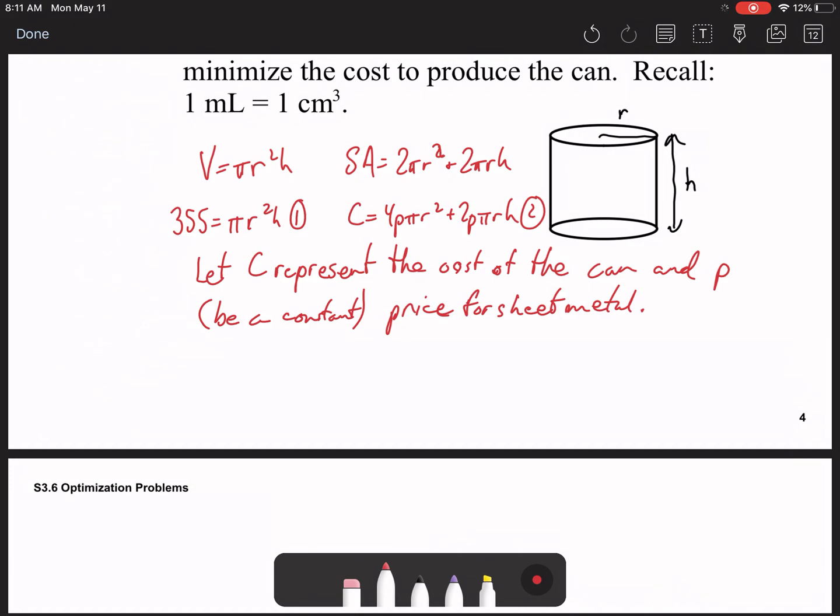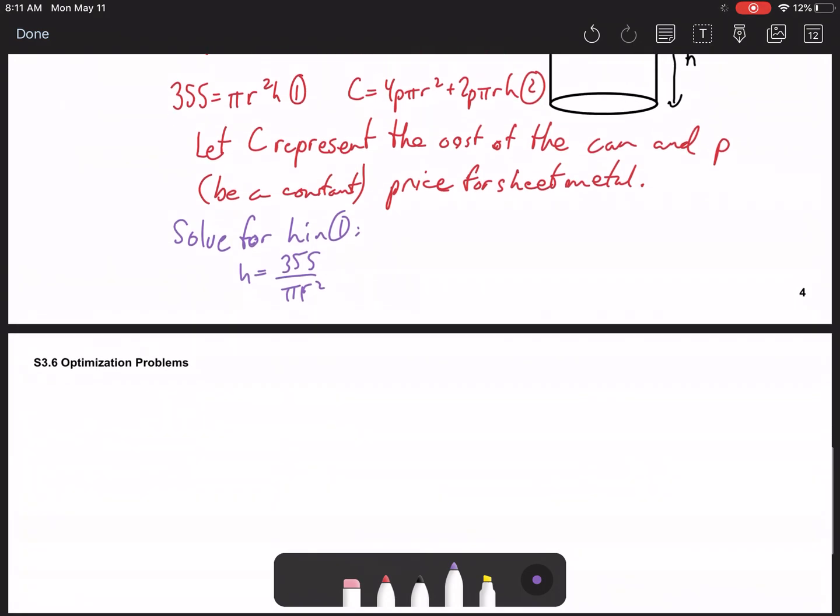Okay, so I'm going to take my first expression and solve for, probably h would be easier. So h would be 355 divided by pi r squared. Now I'm going to take this and substitute into my second equation.